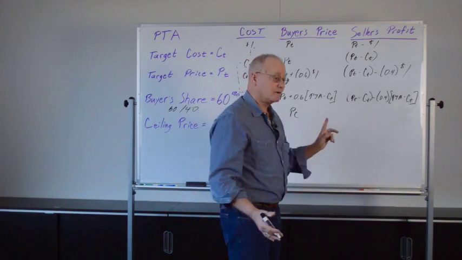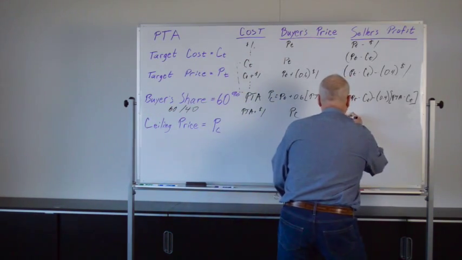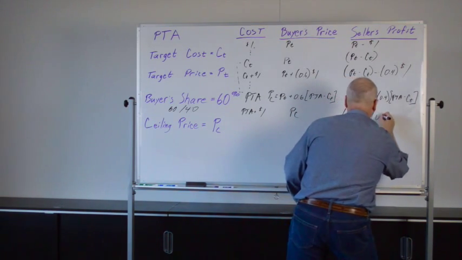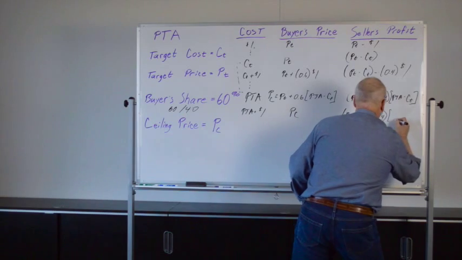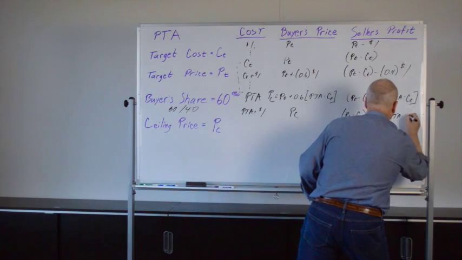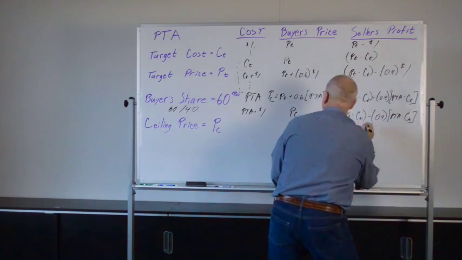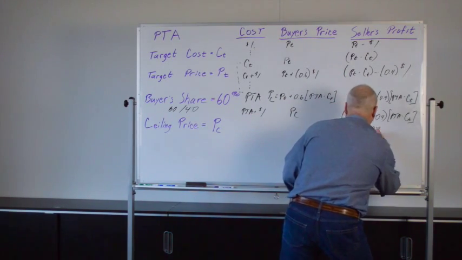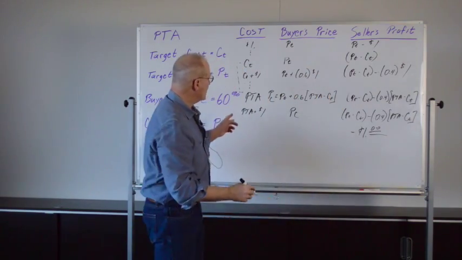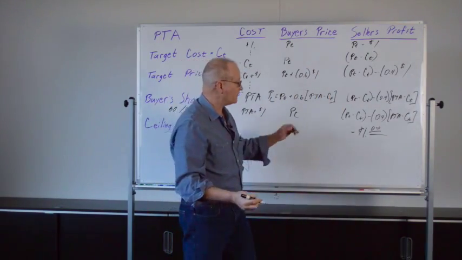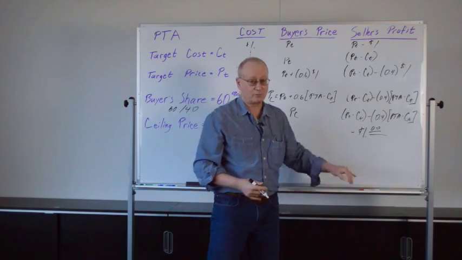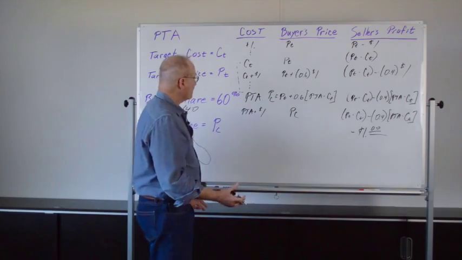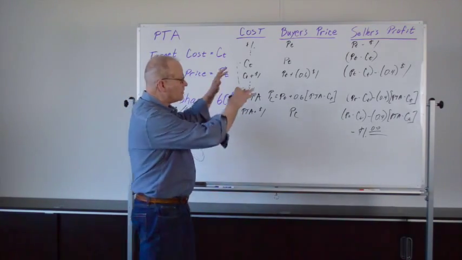The seller's profit is P sub T minus C sub T minus 40% of that difference from the PTA minus the C sub T, minus that entire dollar. This entire dollar of cost overrun now is falling entirely on the seller as a reduction in his profit or eventually as an increase in his losses. So that's how this works.